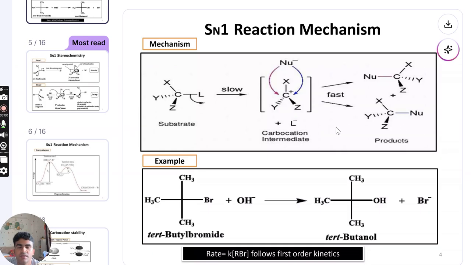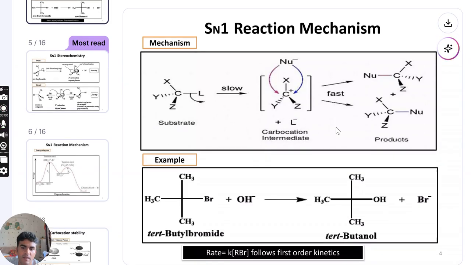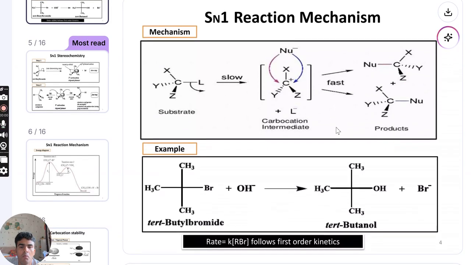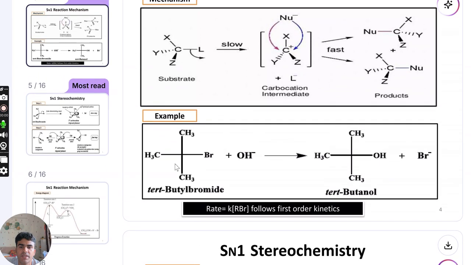So in this reaction, racemization will take place. This is an example: tertiary butyl bromide reacts with the OH group to form tertiary butyl alcohol.